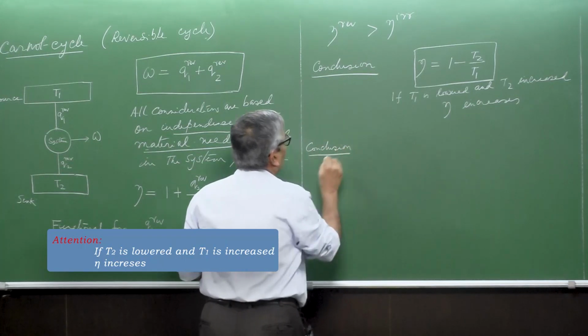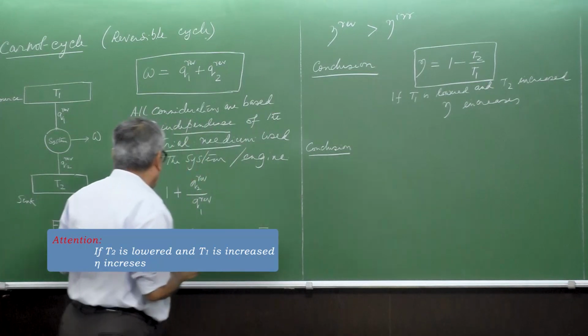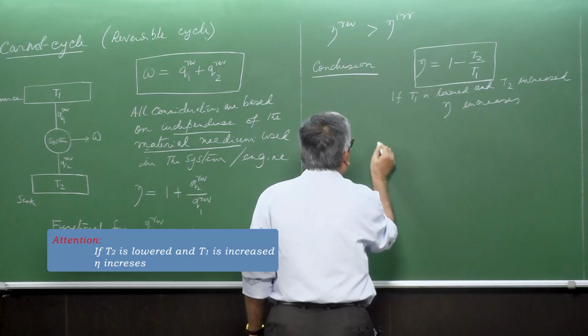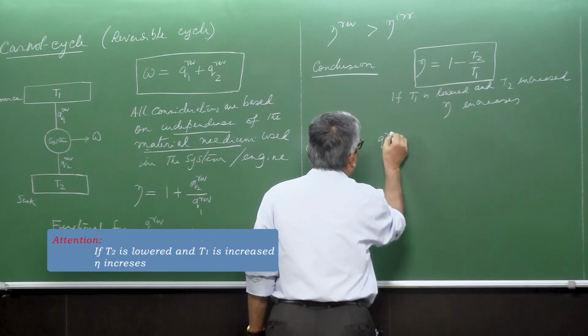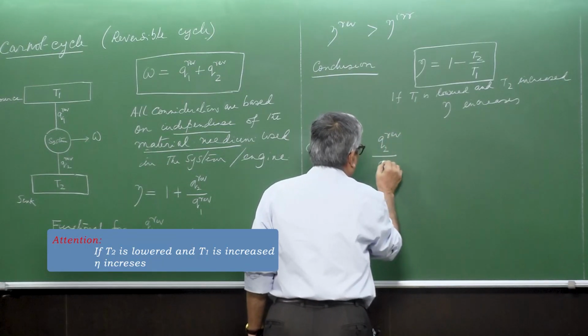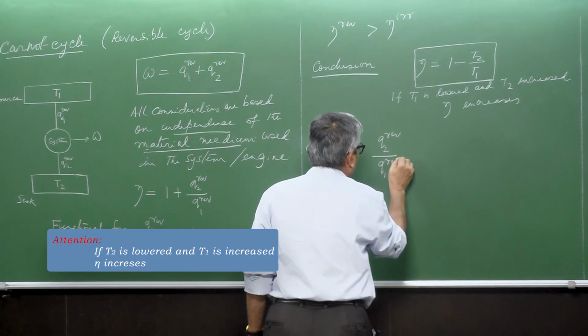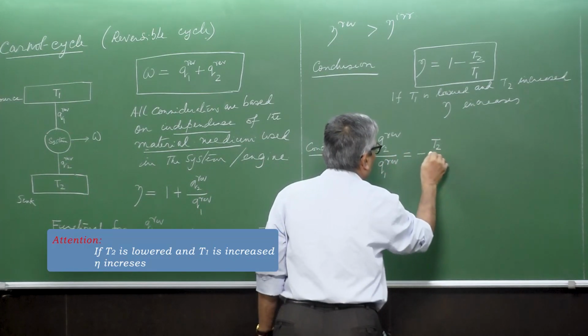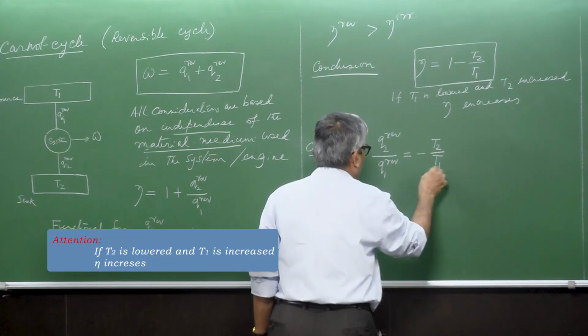Another conclusion we may draw from this functional relation is that Q2 reversible by Q1 reversible equals minus T2 by T1.